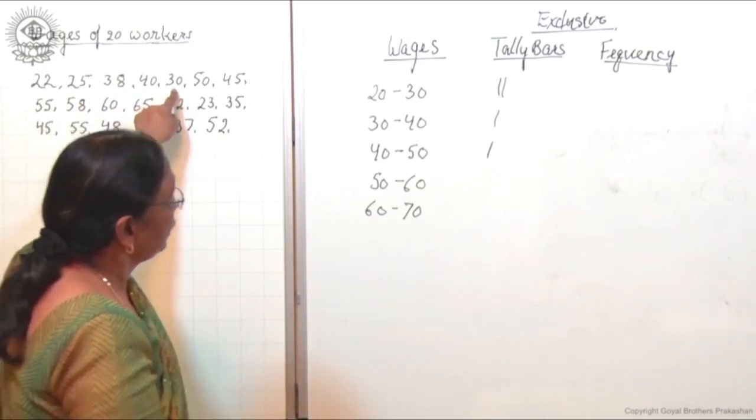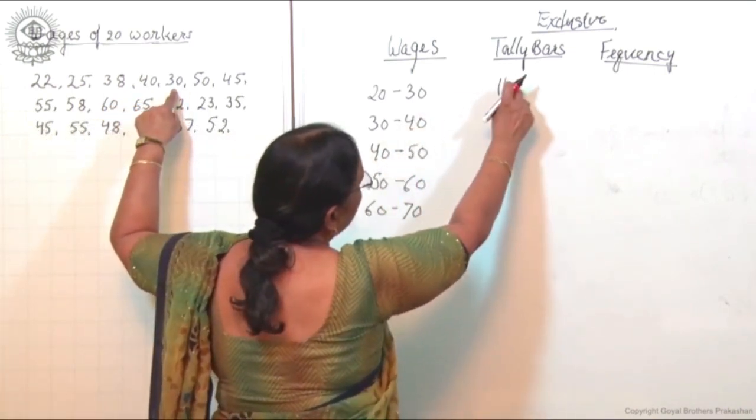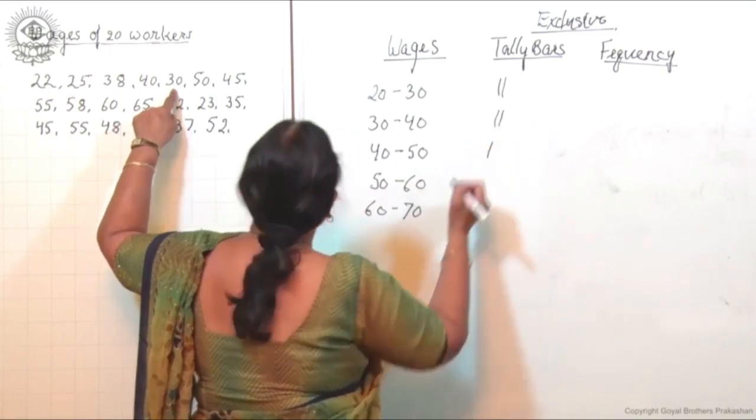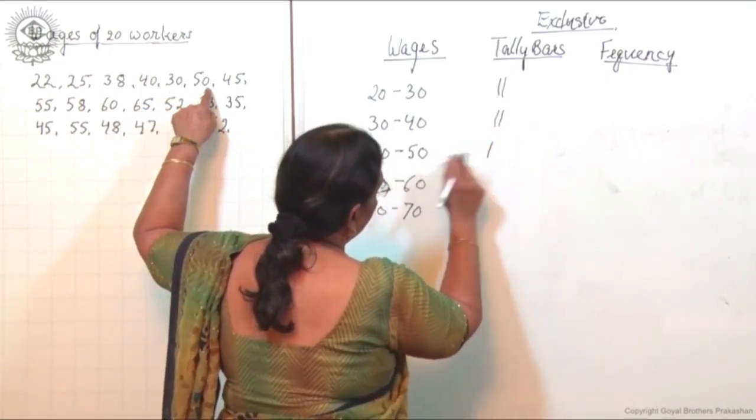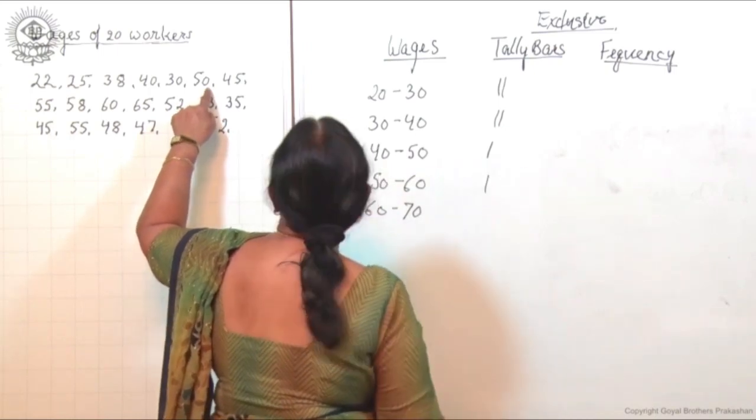Then we come to 30. 30 again will not add up here, we will add up here. Then 50. 50 again not in the upper limit, in the lower limit.